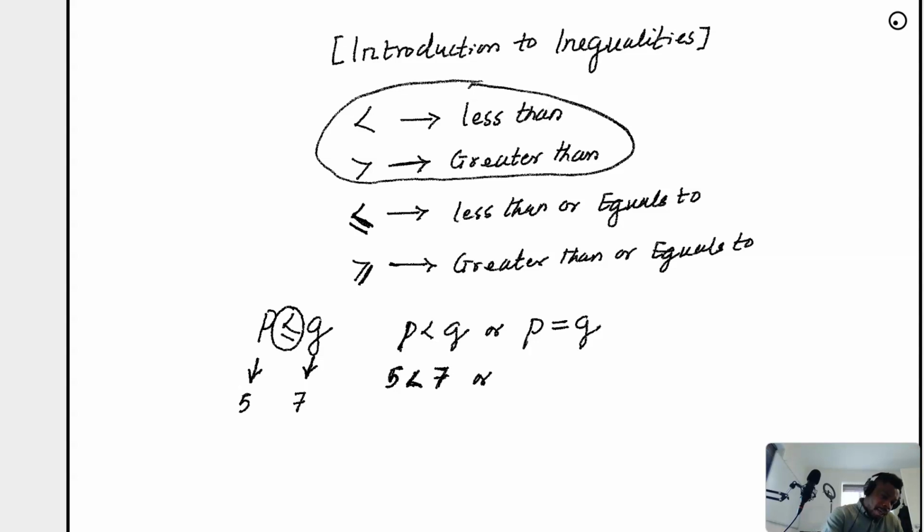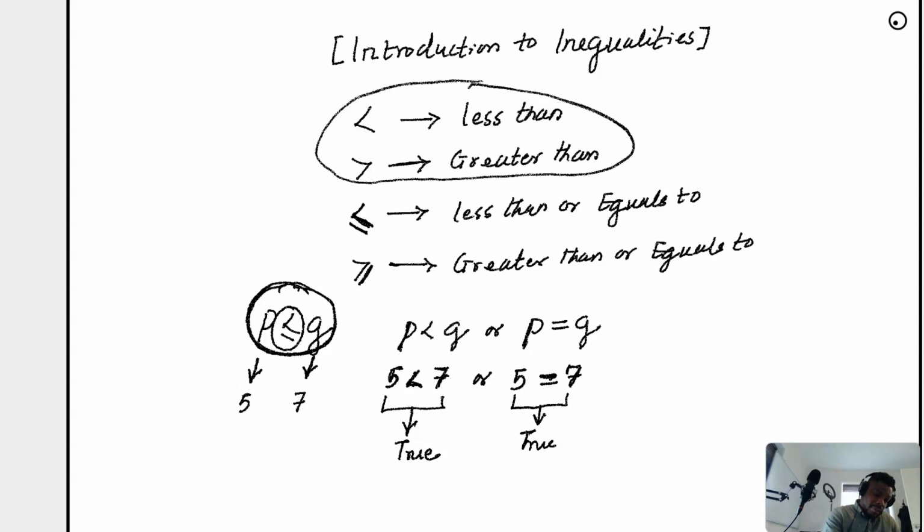Now, or here it says P is equal to Q, so 5 is equal to 7. Normally, 5 is not equal to 7 in mathematics, but now inequality is telling us that our P is less than Q or equals to Q. So 5 is less than 7 is true based on our inequality, and 5 is equal to 7 is also true based on our inequality.